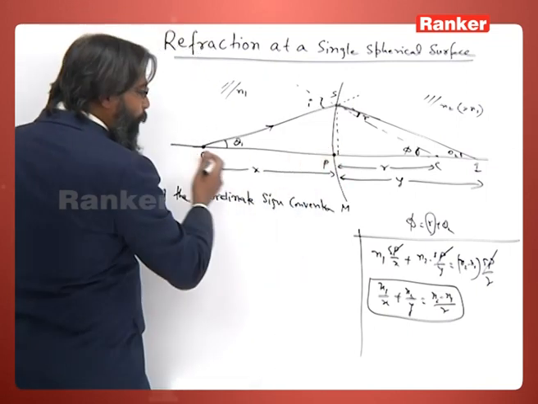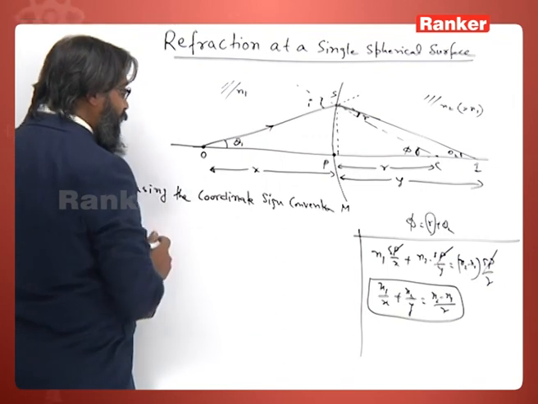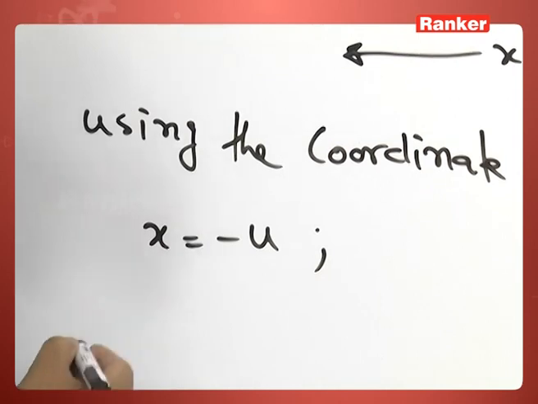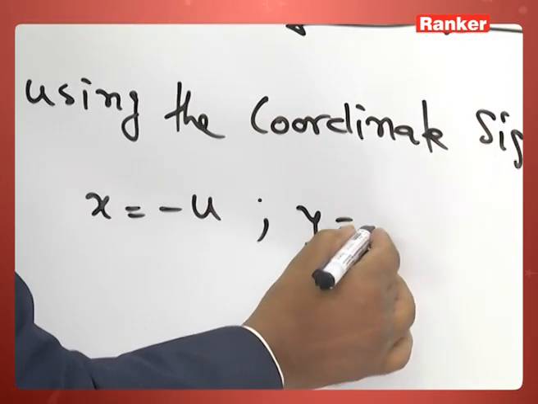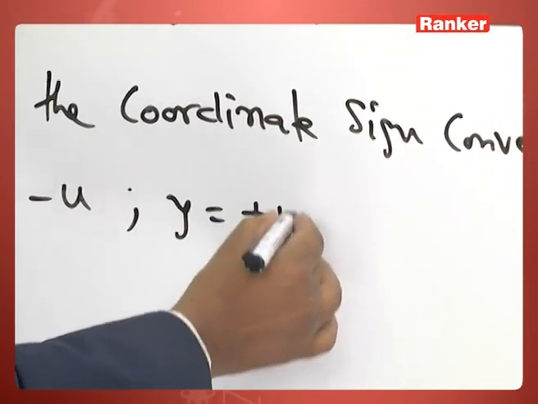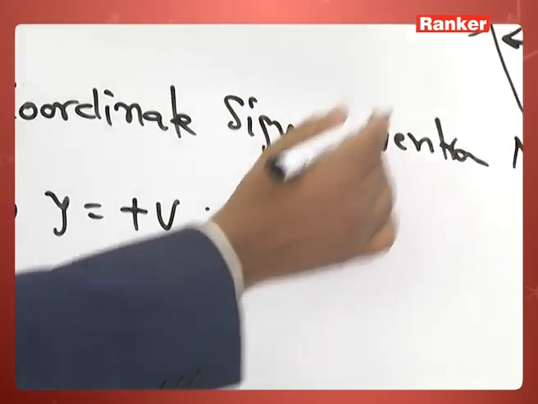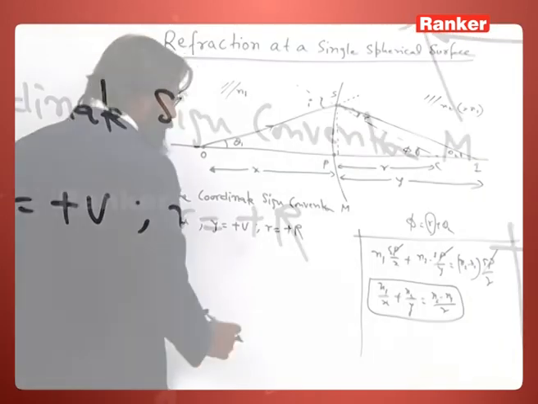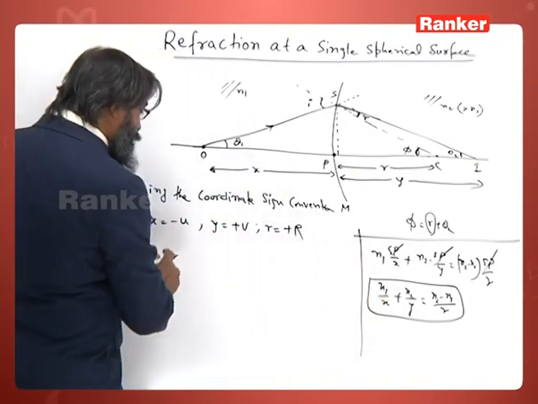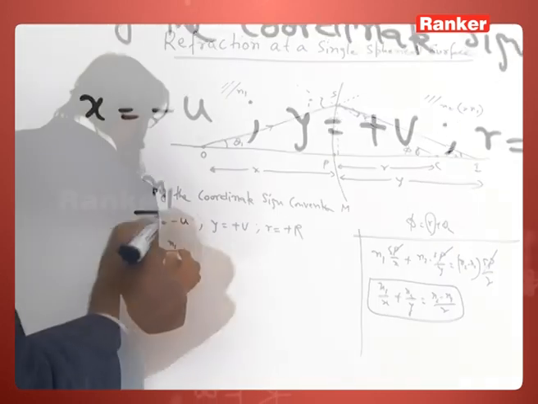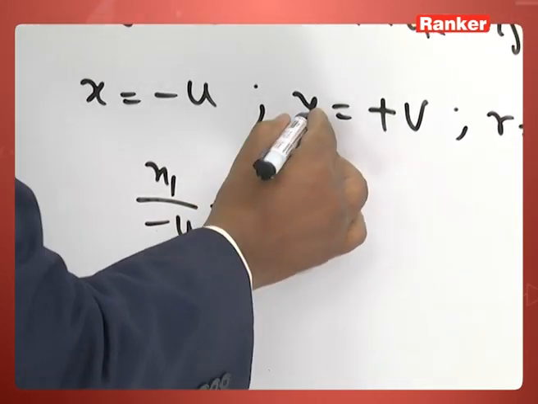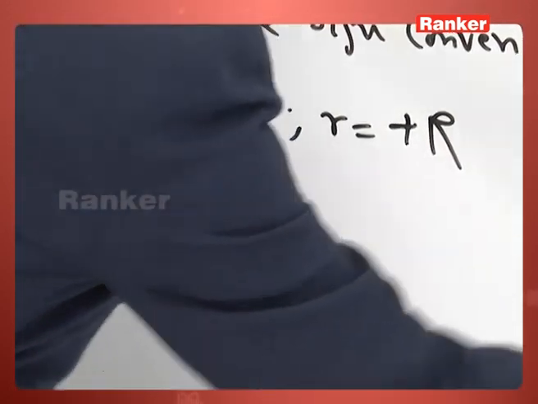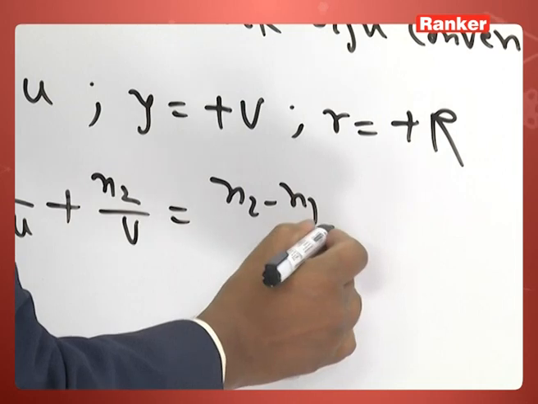Distances are measured from the pole, and in this direction the distances are negative. So, X will be denoted by minus u, Y will be denoted by plus v, and small R will be denoted by capital R, and this is plus R because it is on that side. So, X means minus u. So, N1 by minus u plus, Y meaning v, N2 by v, is equal to N2 minus N1 by R.